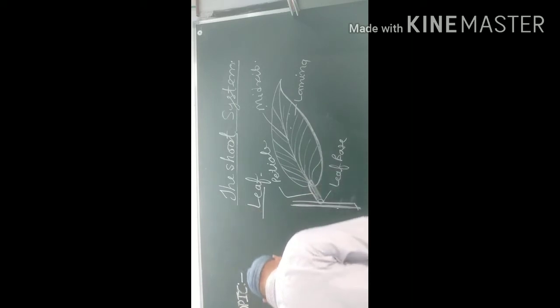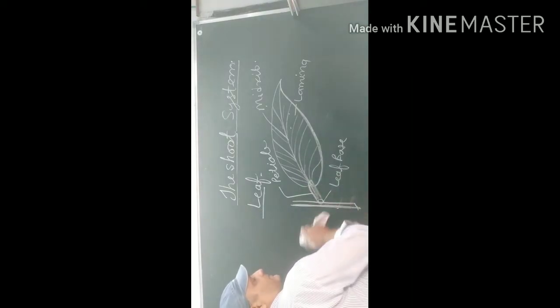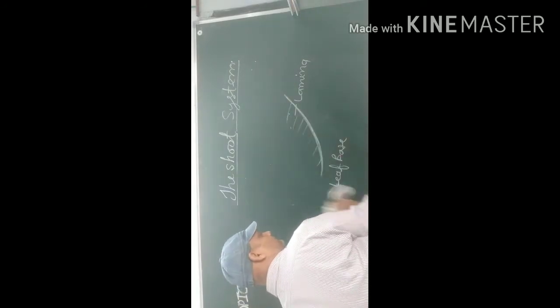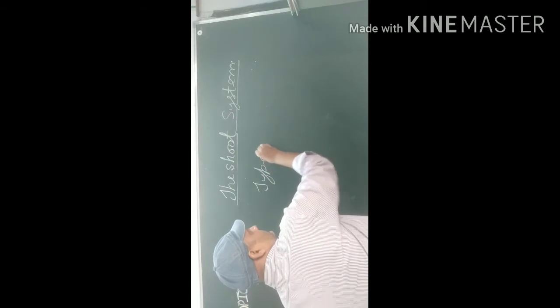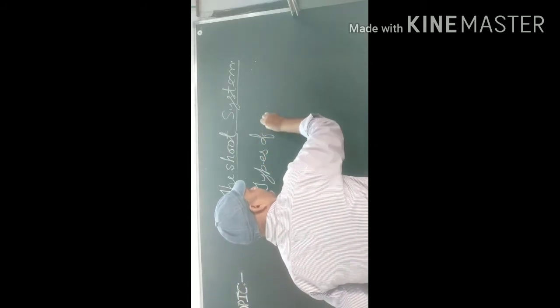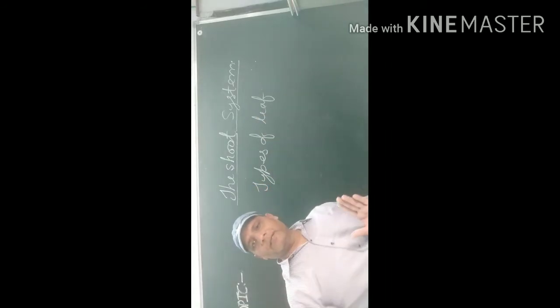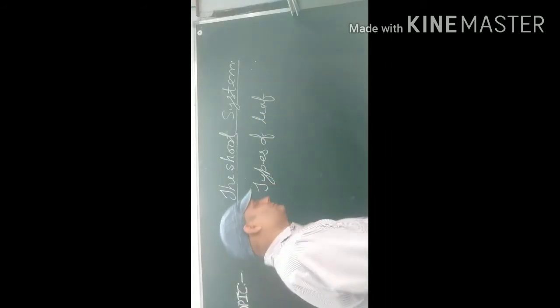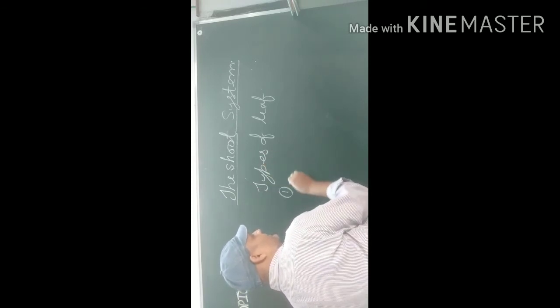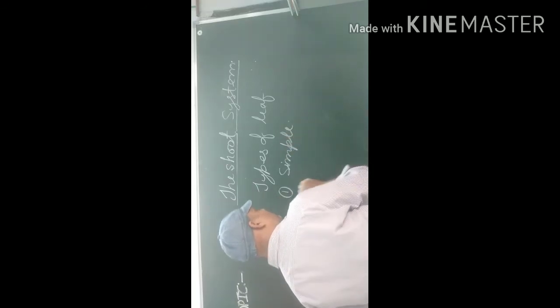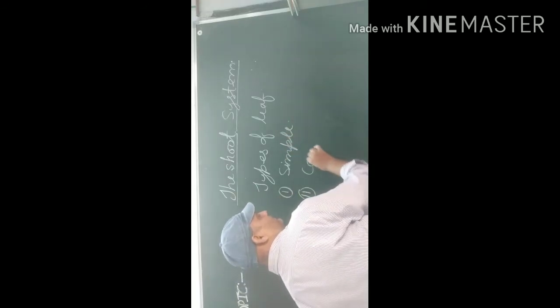Types of leaves. Leaves are mainly of two types. Number one, simple leaves, and second, compound leaves.